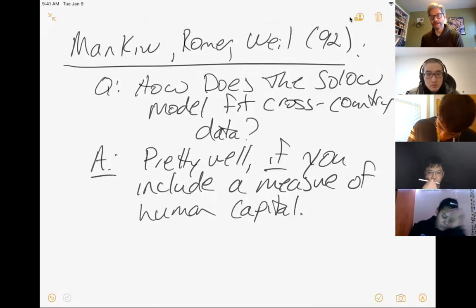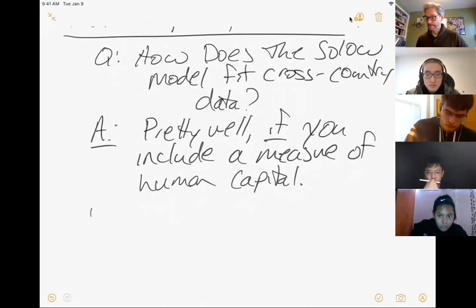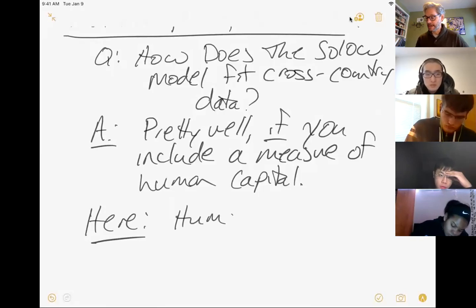How you measure human capital is actually a really good question, and there are lots of papers that look at different measures of human capital. Some of them are fairly technical, but in this paper, they just measure human capital as education.